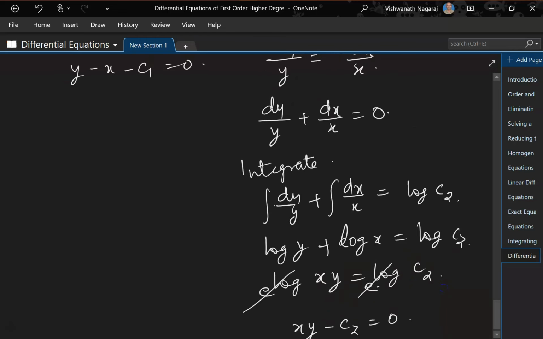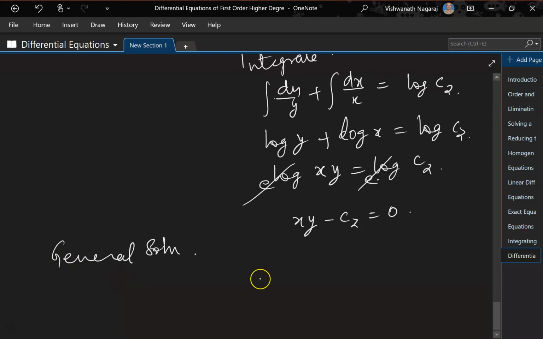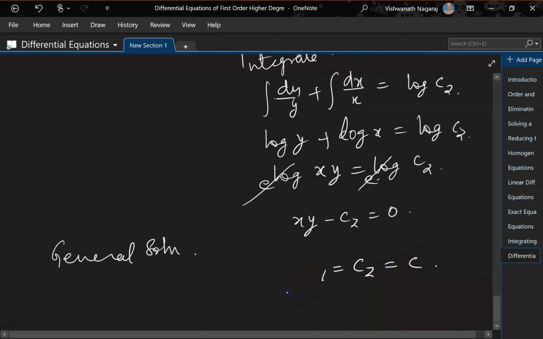So now we have two equations. Their product would give us the solution to our original problem. So the general solution would be, now let's say c1 is equal to c2 is equal to c. This is not e, this is c.